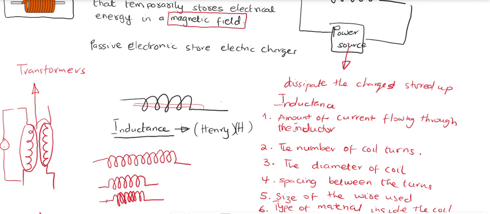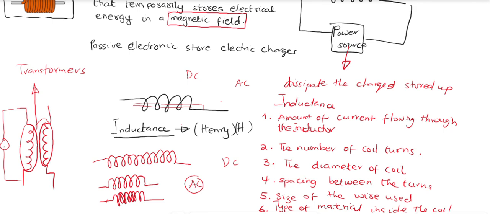Now we need to know some things. When we were looking at the capacitor, we said that when the capacitor is connected to a DC power source, it is going to store electric charges. But when it is connected to AC, current will flow through it. There is not going to be any storage of electric charges. In inductors, when you connect it to an AC power source, charges will be stored. But when you connect it to a DC power source, this is what will happen.